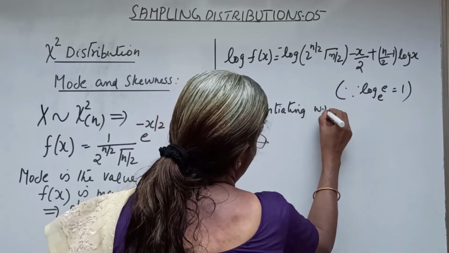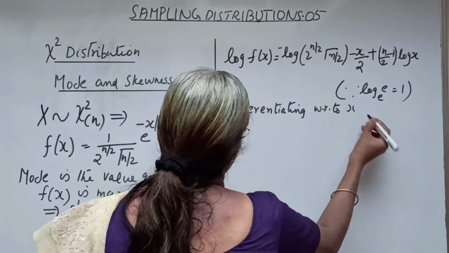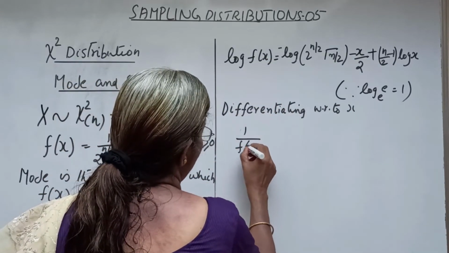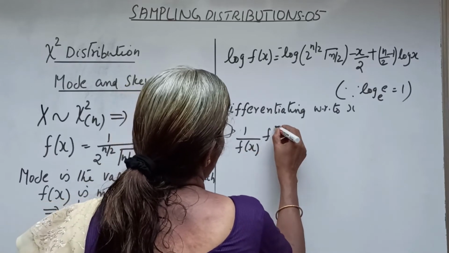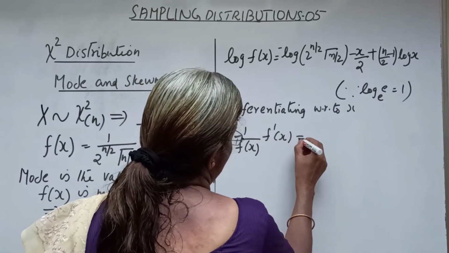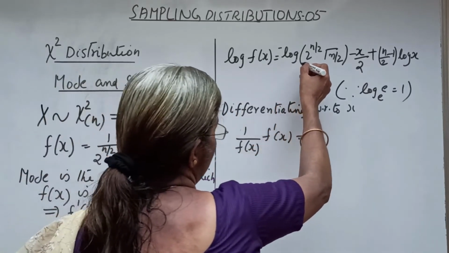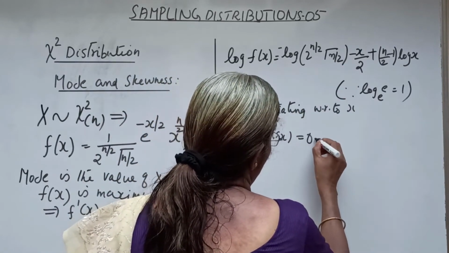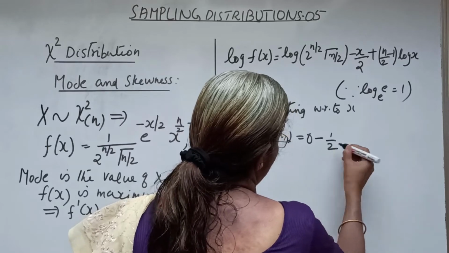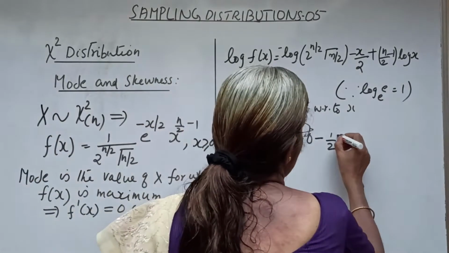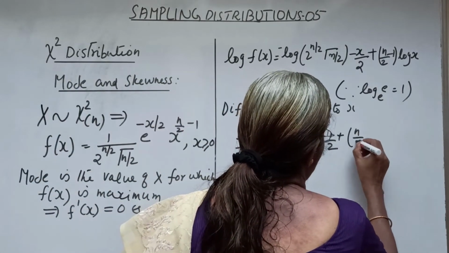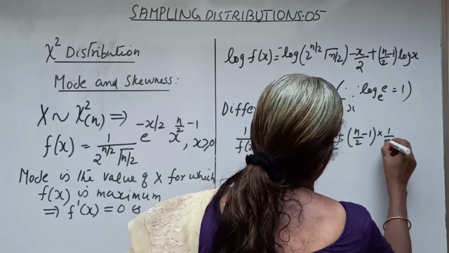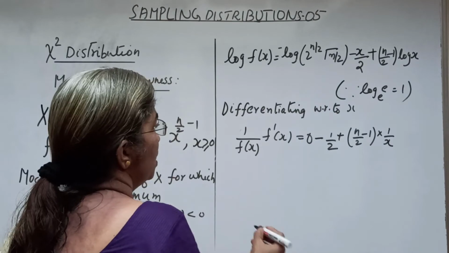we get log f of x differentiated as 1 by f of x into f dash x equal to, this is a constant so its derivative is 0, minus 1 by 2 plus n by 2 minus 1 into log x, whose derivative is 1 by x.